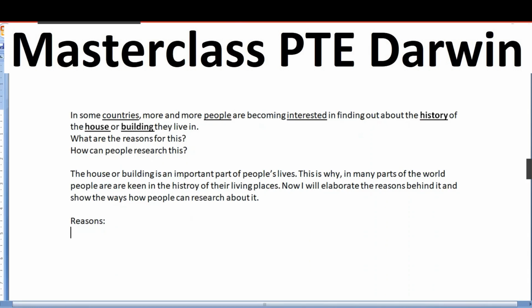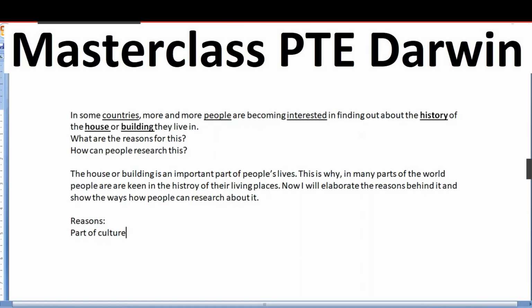The buildings are part of our culture and heritage sometimes, yes. So you can say it's part of culture. In many countries, it is a part of culture, like you own a house and you hand it over to your children and grandchildren.